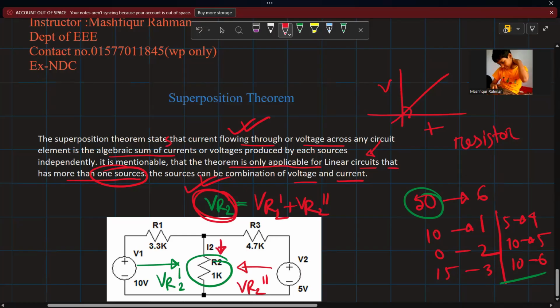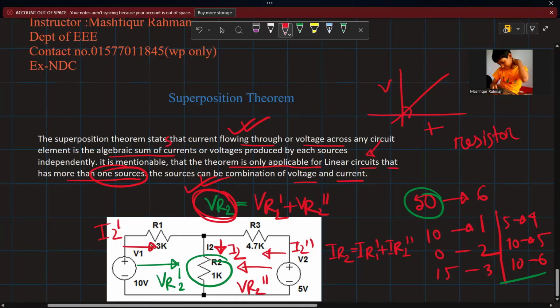Let's say the current flowing through the R2 resistor is IR2. For the 5 volt source, the current is IR2 double prime, and for the 10 volt source, the current is IR2 prime. So IR2 is IR2 prime plus IR2 double prime. I guess the mathematical analysis makes more sense now.